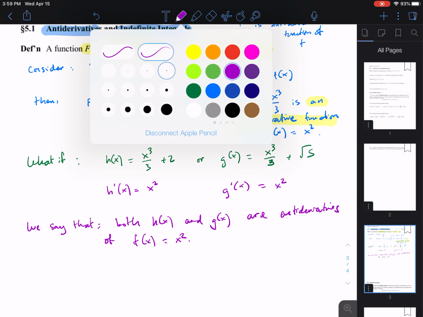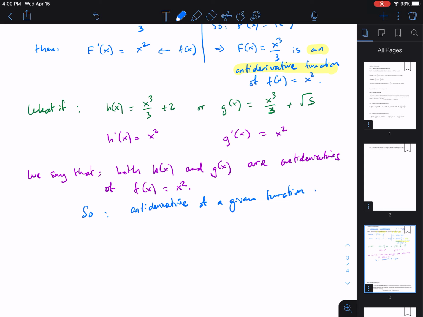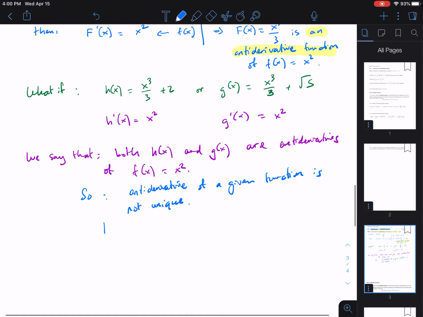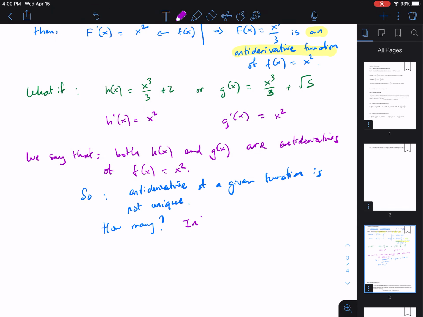So that implies that an antiderivative of a given function is not unique. It's not just one antiderivative, but actually more. How many more? It turns out the answer is infinitely many more.